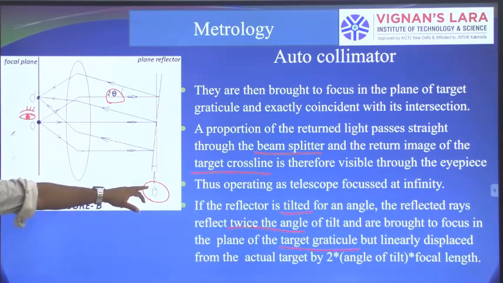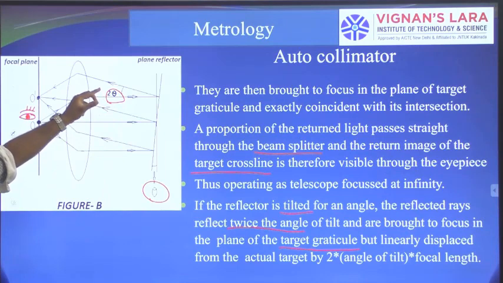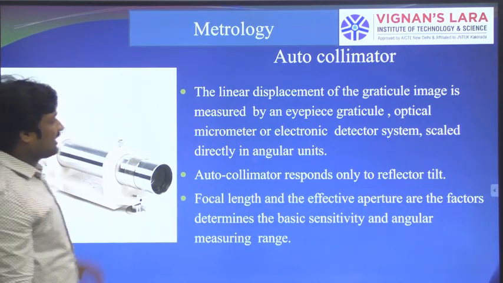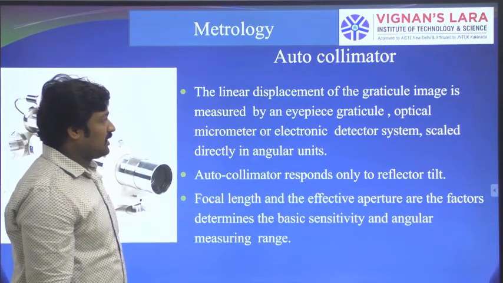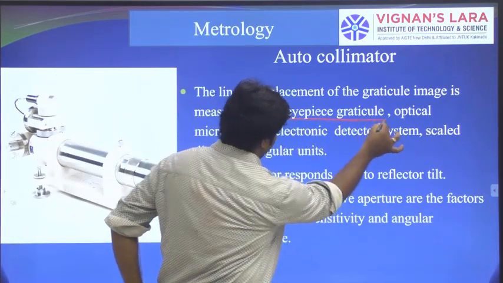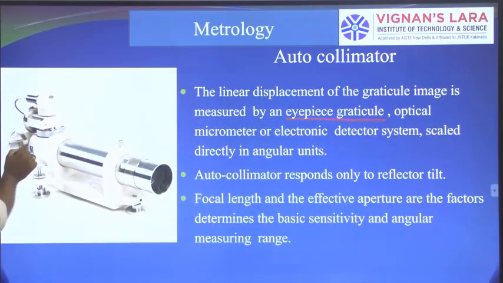So here if it is making an angle theta, then the reflected rays make an angle of 2 theta. Next, the linear displacement of the graticule image is measured by an eyepiece. On the back side it has an eyepiece, through which we visualize those rays.